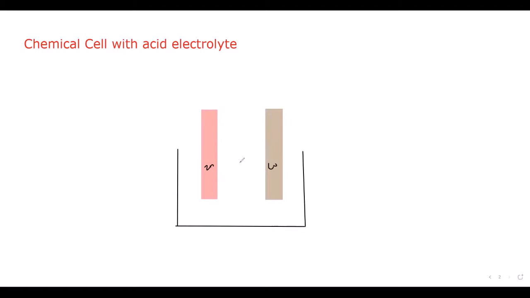What is the meaning of acid electrolyte? It means it contains hydrogen ions. Acids are proton donors, or acids contain more hydrogen ions. And acids are usually aqueous, so there will be water as well.